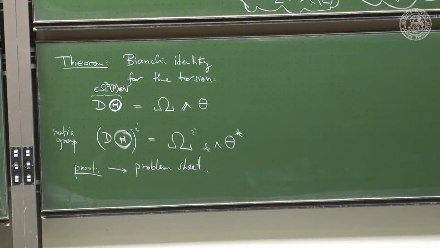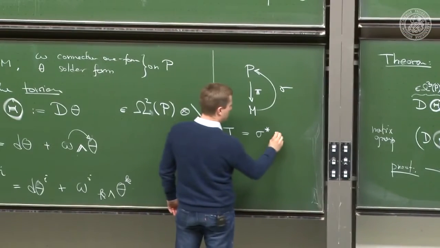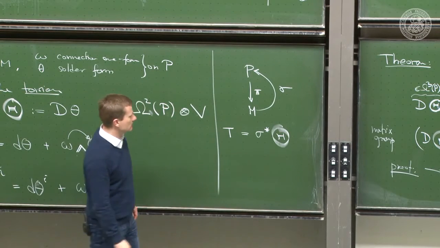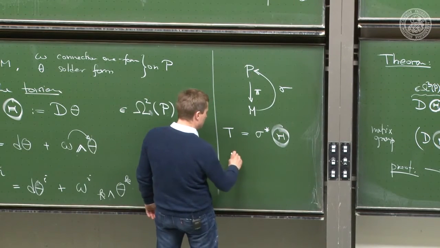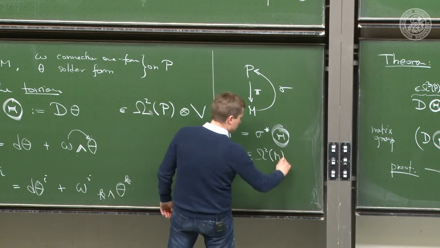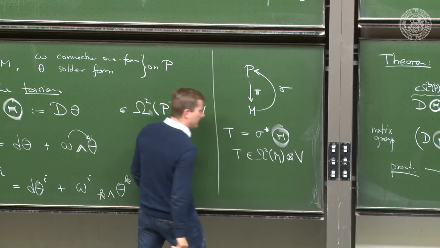And if you now want to again push it down to the base space by using some section sigma, you can of course define the T as the pullback of the torsion on the total space. And then of course this T is a 2 form on the base space, which is however of course still V valued.